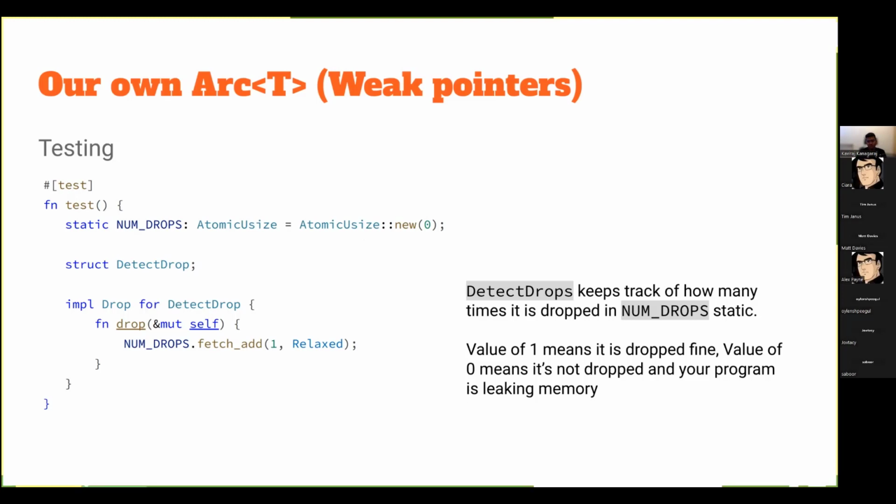So the same condition, the value should be 1 at the end, after every thread or variable goes out of scope, of Arc clone and Weak clone, for example. So the actual data should have been dropped only once, meaning the NUM_DROPS static variable should be 1. And if it's 0, meaning there is something wrong with our Arc implementation, and it's not deallocated and memory is taken somehow.